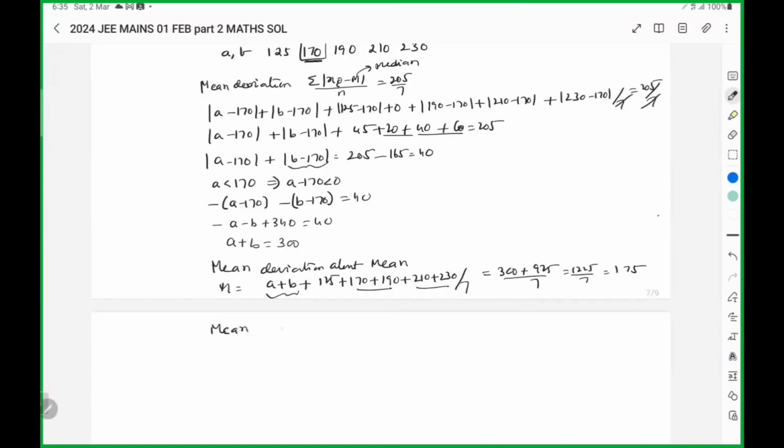So he's asking the mean deviation from the mean, which is sigma of modulus of xi minus mean, divided by n.